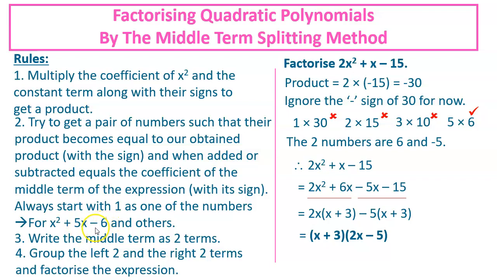So if you don't start with the number 1, you see the 6 and automatically start with 2 times 3, you will never be able to factorize this expression. You may have a quadratic expression given which needs the number 1. That is why I have seen many students ignoring this one thing and starting with 6. So automatically the first pair that you write is 2 times 3.